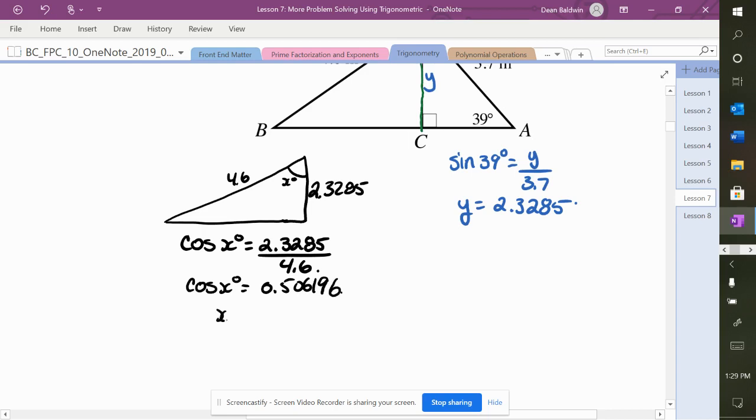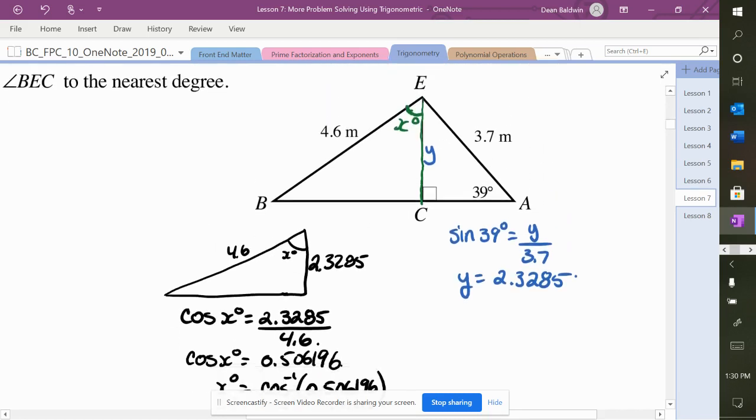Look at that. How do I find the angle? What button do you press? Cosine to the -1. 59 degrees.